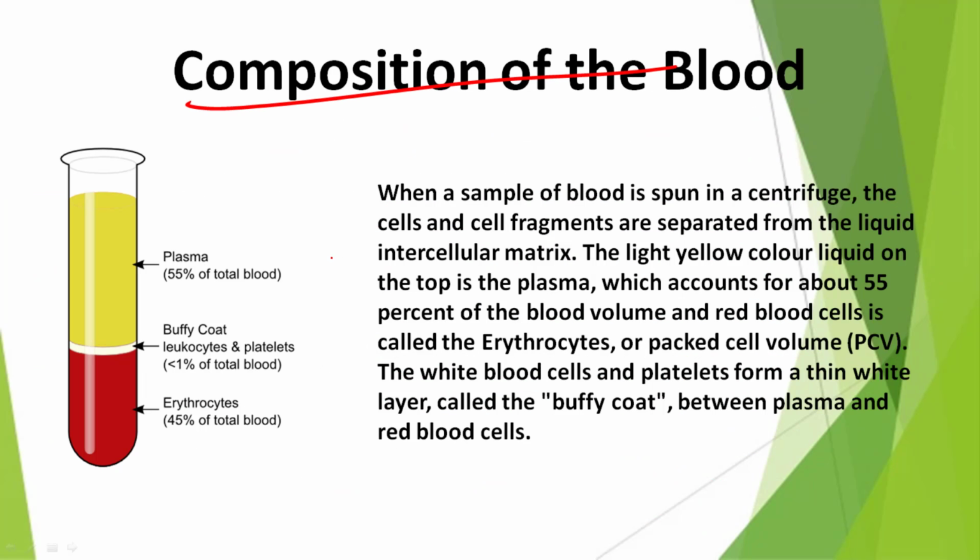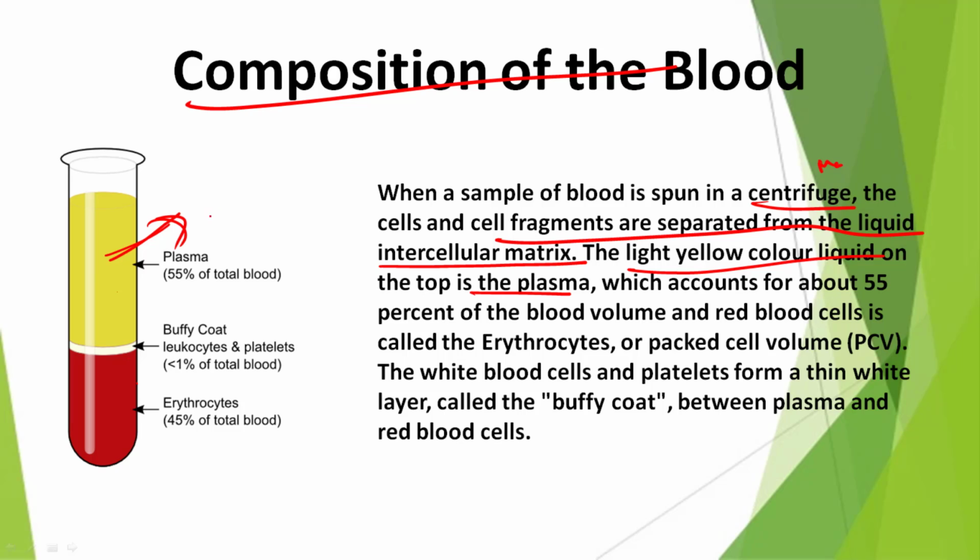Composition of blood. When a sample of blood is spun in a centrifuge machine, the cells and cell fragments are separated from the liquid intercellular matrix. The light yellow liquid on top is plasma. As you can see in this picture, there are three parts.